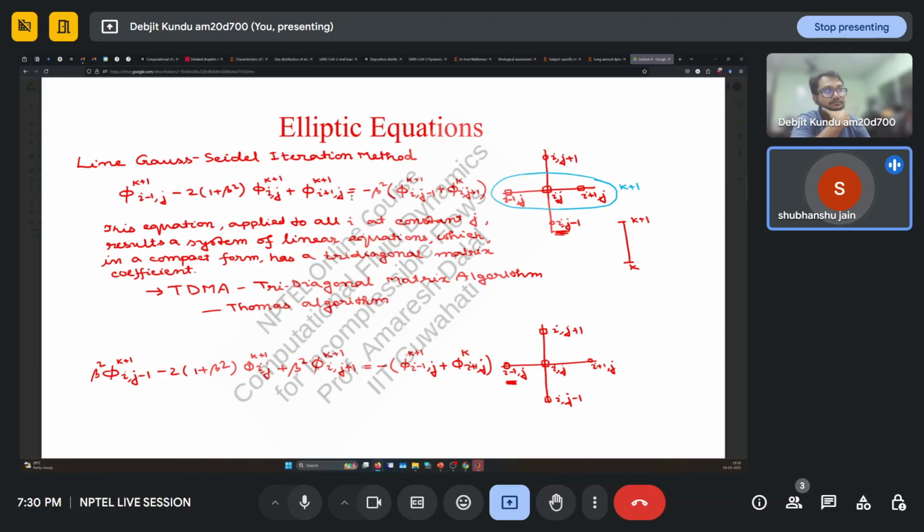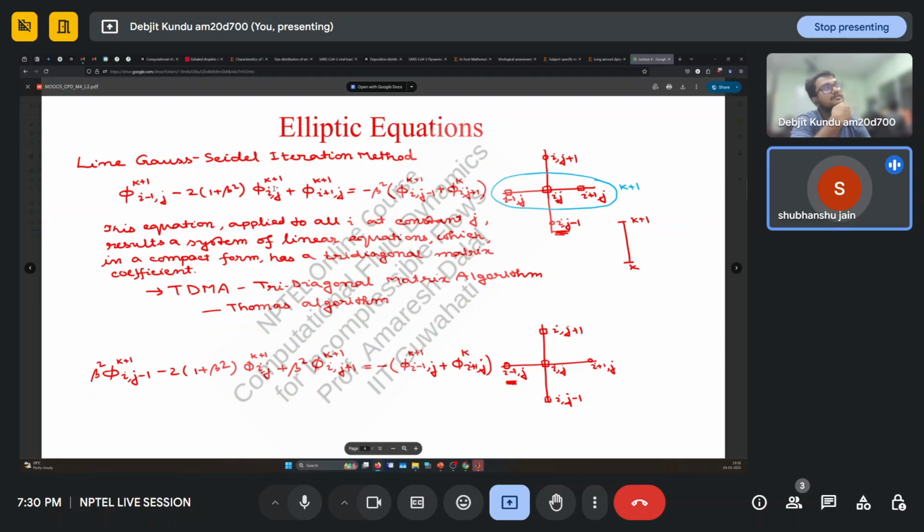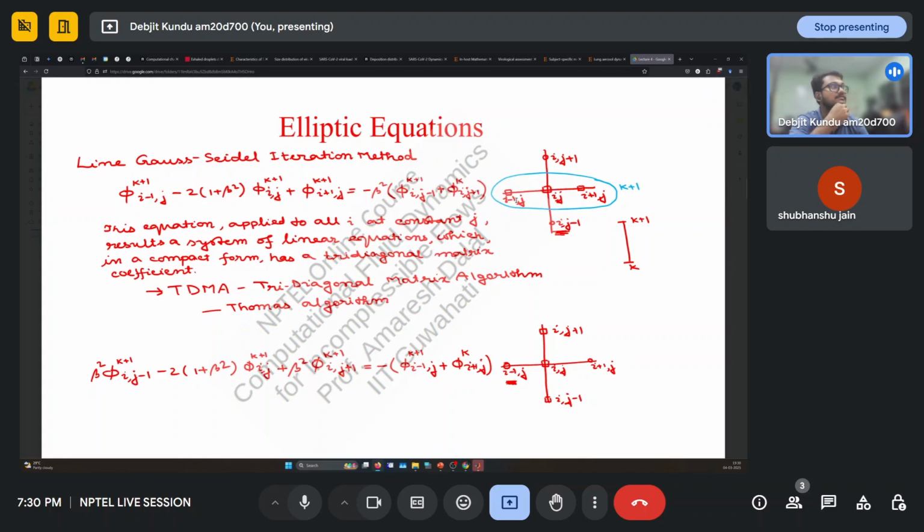Sir, also in the lecture you used some words like we are solving row by row, column by column. What does it mean? Instead of using 5 points at once, what line Gauss-Seidel does is that it takes 3 points at once. You see, it took 3 points here: i minus 1,j, i,j, and i plus 1,j. These are all in a row, right? So in a loop it goes row by row.